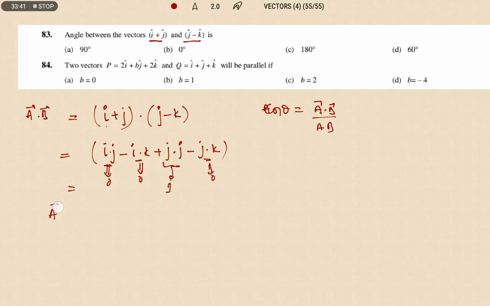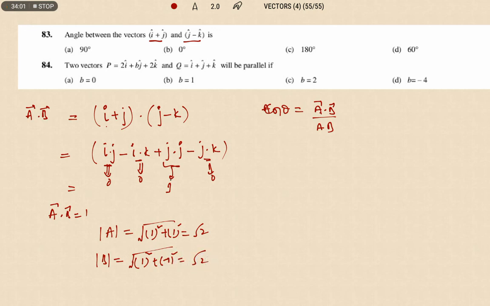Therefore a bar dot b bar is equal to 1. Then mod a is root of 1 square plus 1 square, root 2. Next the magnitude of b is root of 1 square plus minus 1 square, root 2. Substitute here: 1 by root 2 into root 2, 1 by 2.